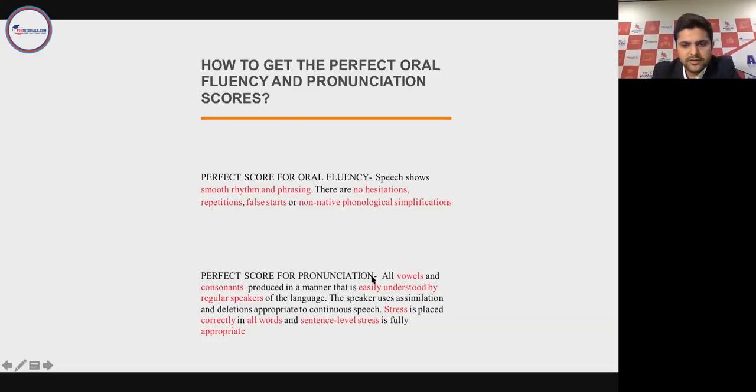Whenever you come across words that have vowels and consonants, the correct stress should be placed on each word. Then the second point is that the speaker, that means the person who is speaking, or you, should use assimilation and deletions appropriate to the continuous speech.